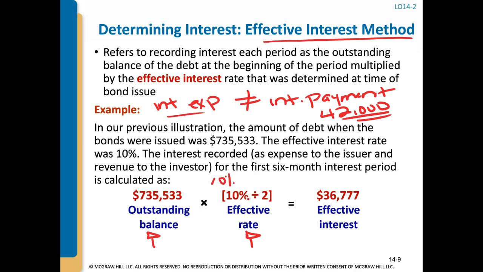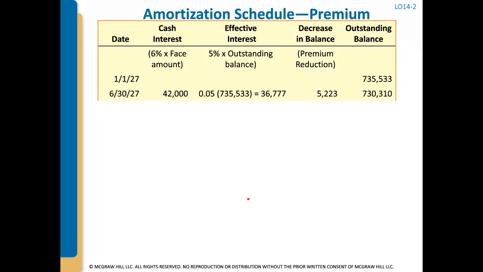You can also take 10% times 6 out of every 12 months, same thing. And that gives us 36,777. That's the effective interest, and I'm going to put expense because that's what we're going to record as an expense. Again, if this doesn't look familiar, please go into the effective interest method video for a very detailed explanation of all of this.